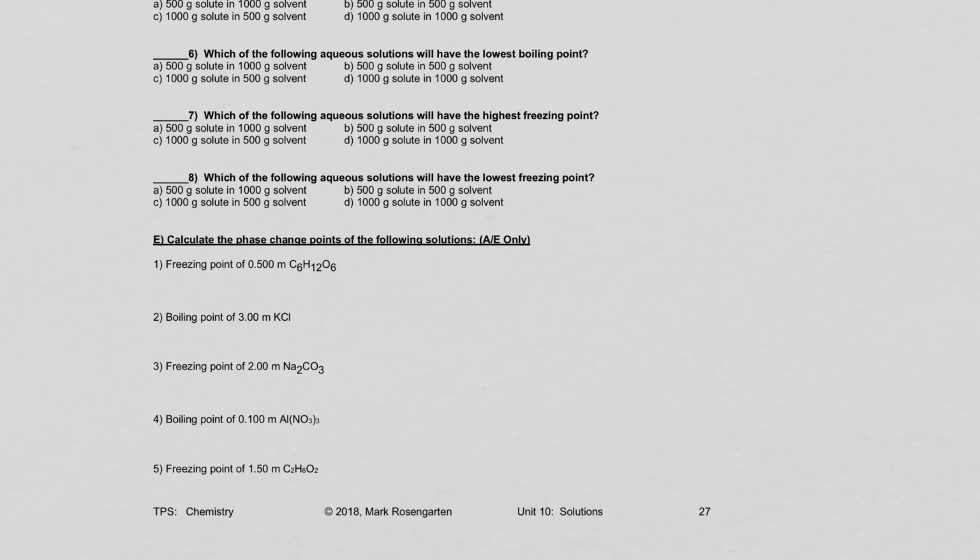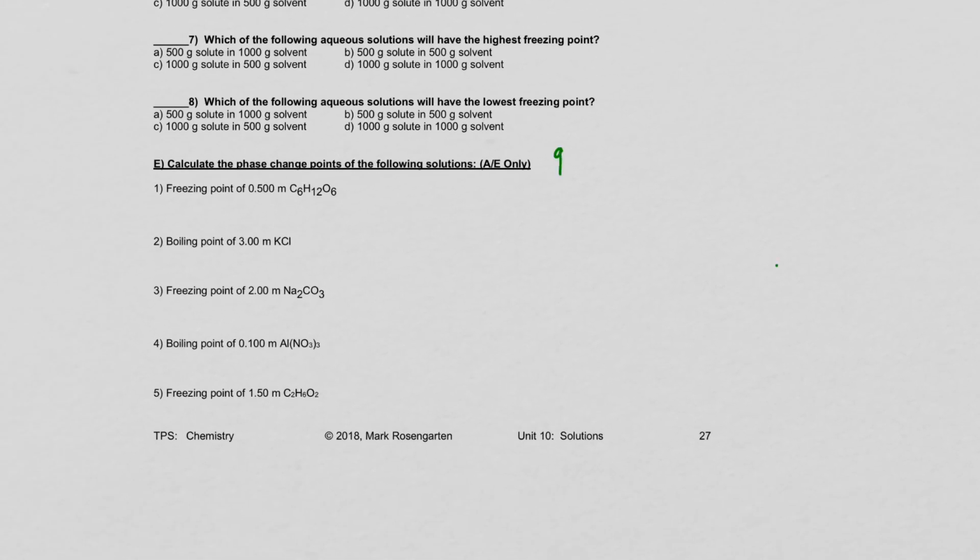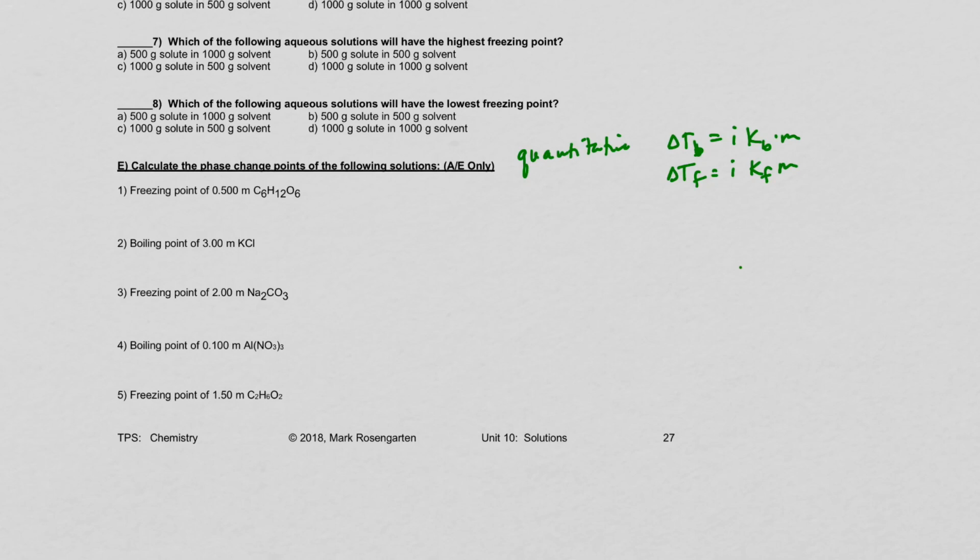And then part E, this is where you're going to do some quantitative work, using delta T_B equals i K_b times m, and delta T_F equals i K_f m. So that's where you'll be calculating those new temperatures.